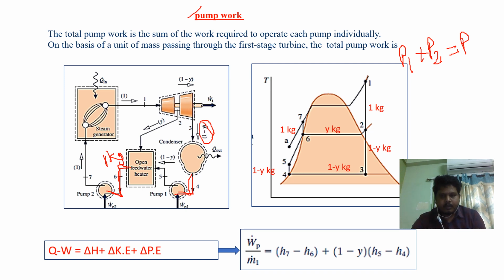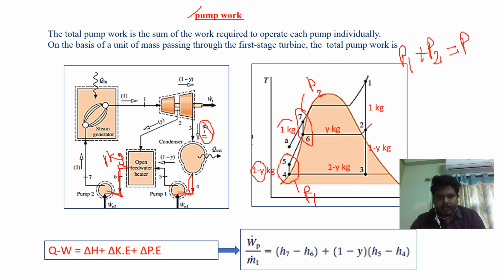As you can see on the TS diagram, the process 4 to 5 is an isentropic compression process in pump P1, and here the mass is 1 minus y, and 6 to 7 is an isentropic compression process in pump 2.